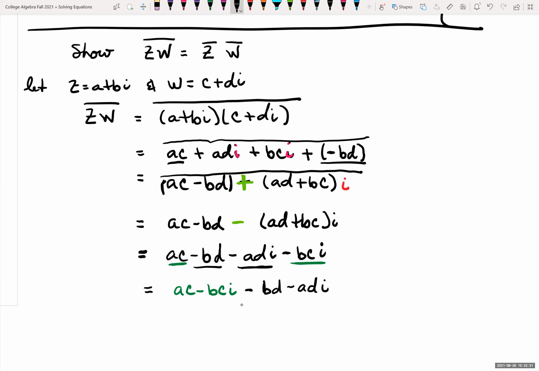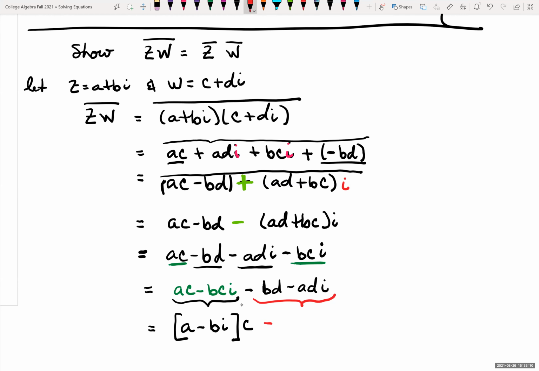And so I noticed here, the first two terms, let's think about this with grouping. Notice that I can factor out a C. If I factor out a C, that would give me A minus BI all times C. And then I notice over here, this has a negative and a D in common.